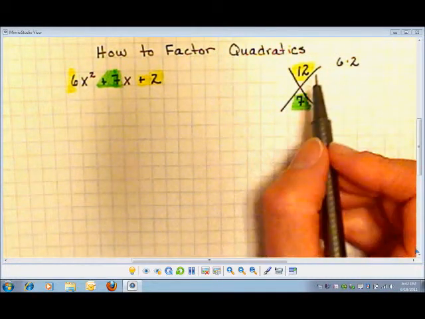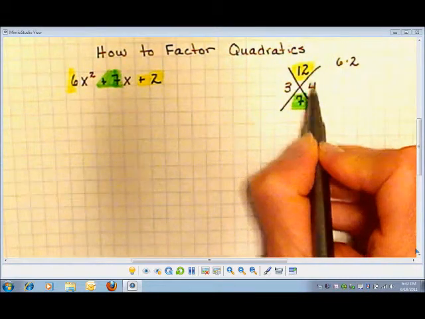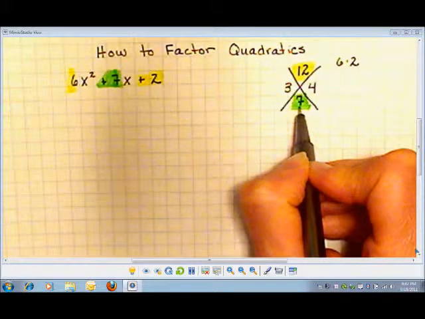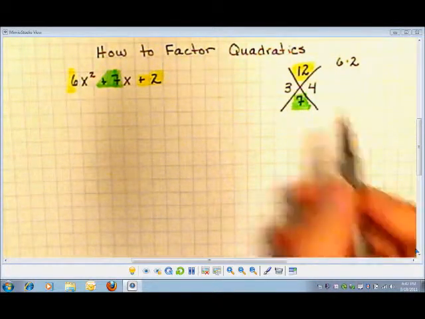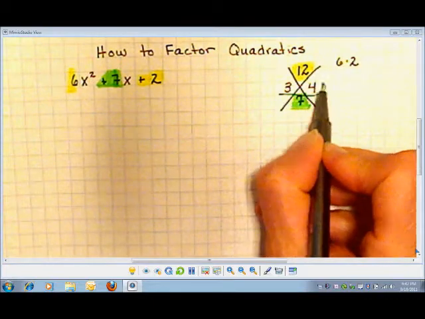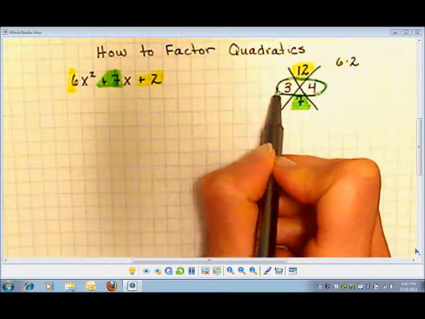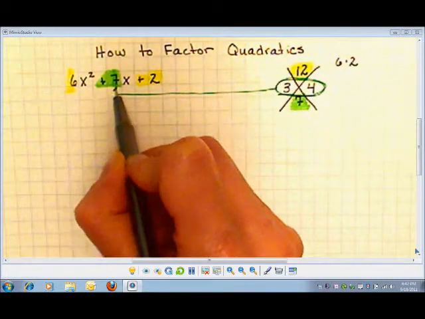Well, I know that 3 times 4 equals 12, and 3 plus 4 equals 7. So let's remember this, circling this in green, because that is a part of what adds together to give me 7.